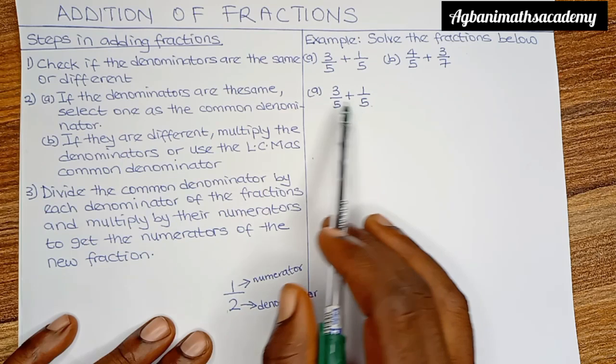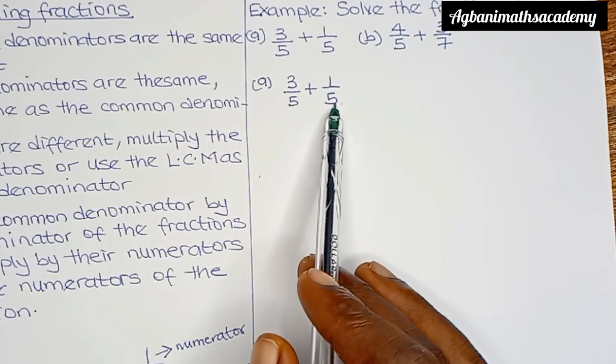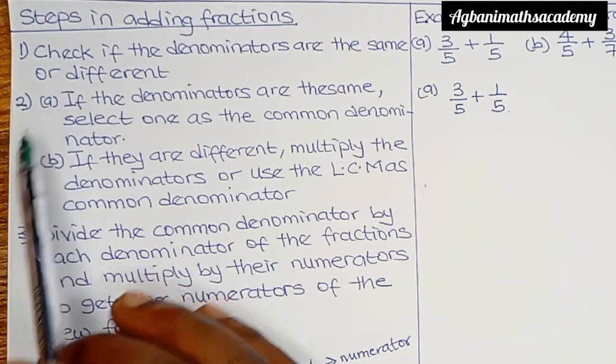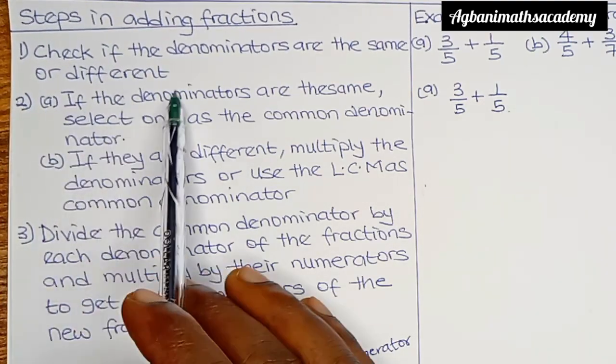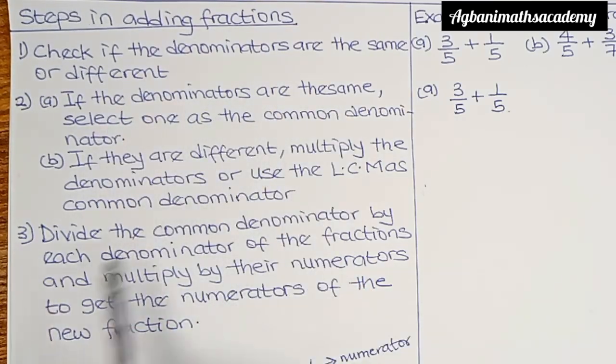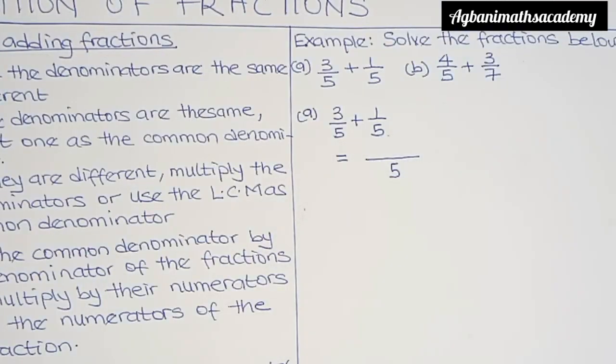So these are the denominators. Are they the same? Yes, because here we have 5 and here we have 5. This means we are going to follow step 2A. Step 2A says, if the denominators are the same, select one as the common denominator. We have common denominator of 5, so we have brought it out following step 2A.